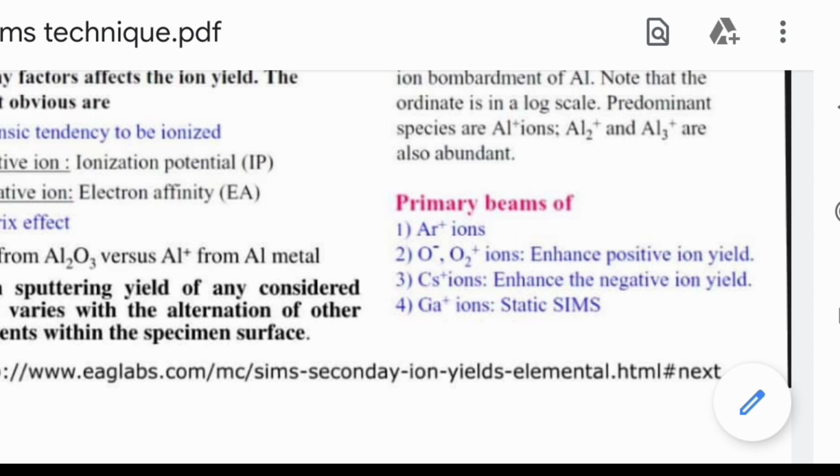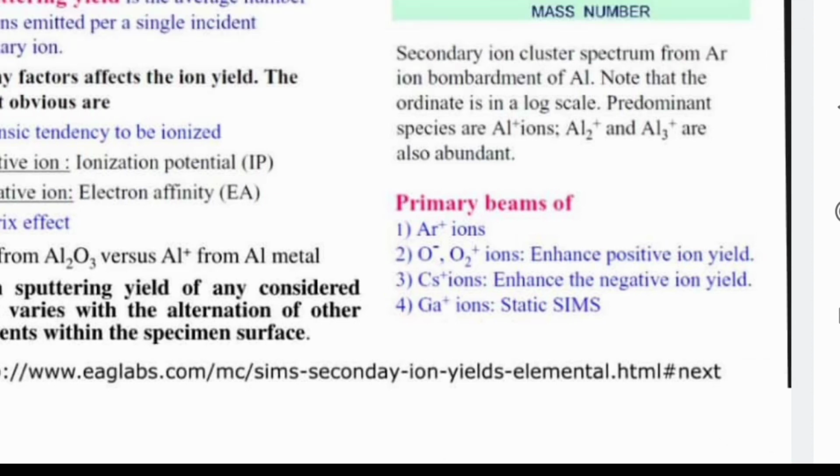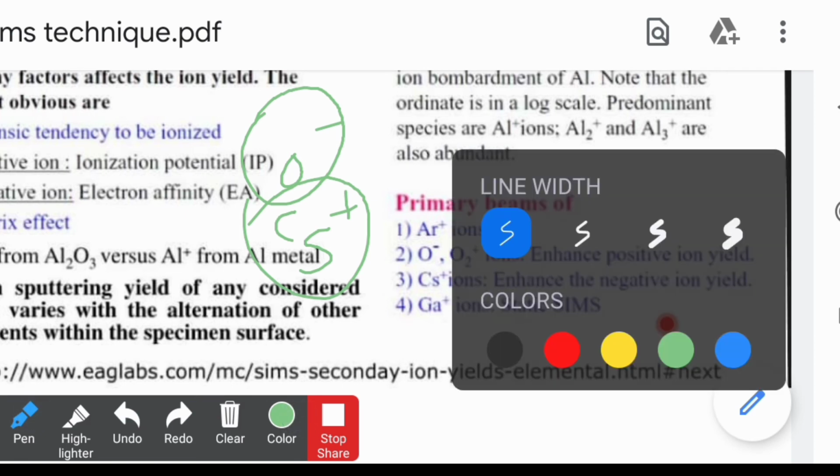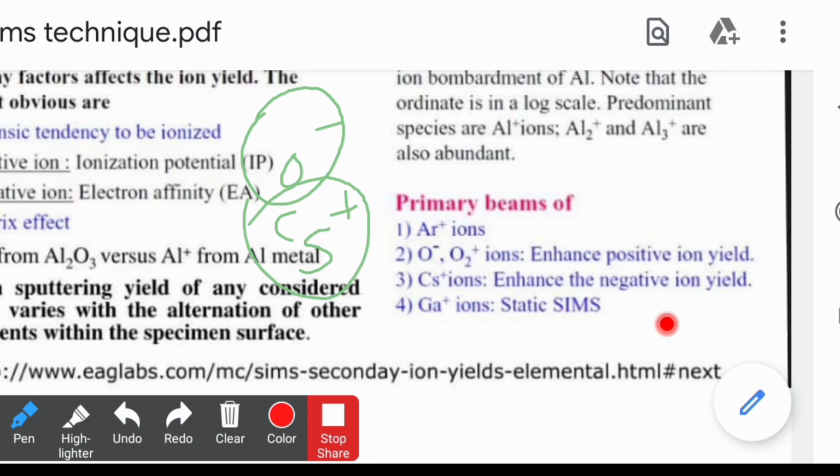So we generally use oxygen or cesium as the source of ion generation. In some cases we might use gallium. Here, for the static technique, we are going to use gallium as a source of ion, which we will see in the upcoming lectures.